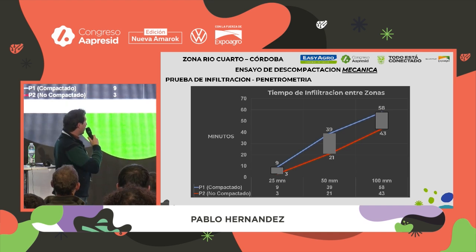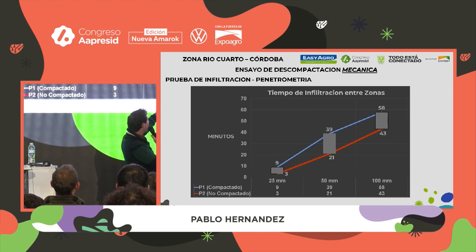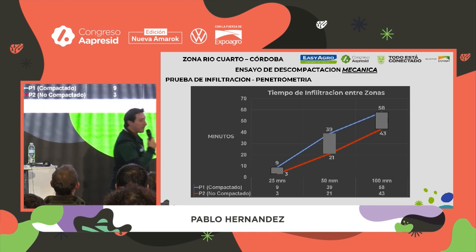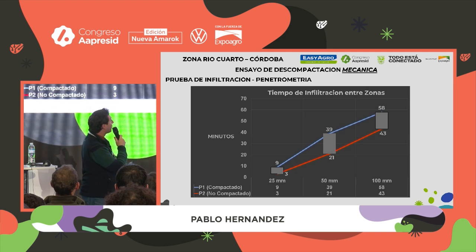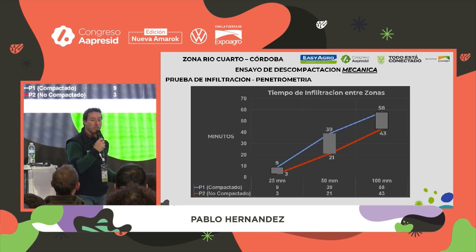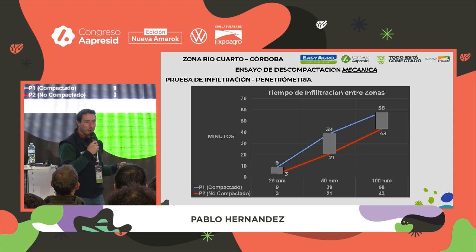This is fully sandy soil with a high capacity for infiltration. For 50 millimeters of water in the compacted area, 39 minutes were required. In the non-compacted area, 21 minutes. And for 100 millimeters of water, 58 minutes in the compacted area and 43 minutes for non-compacted areas.